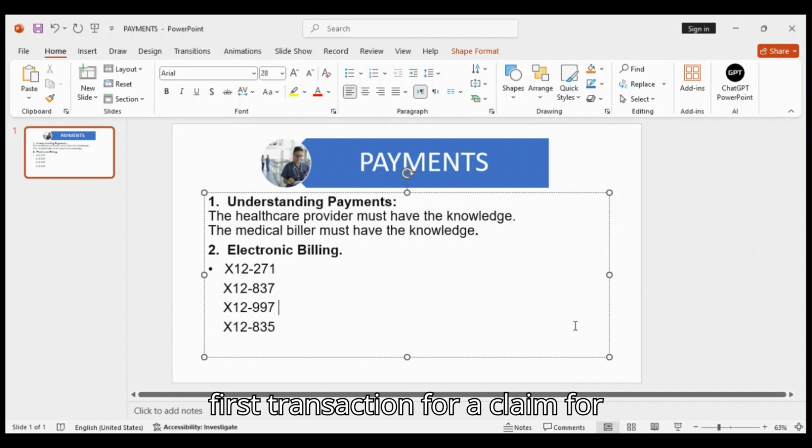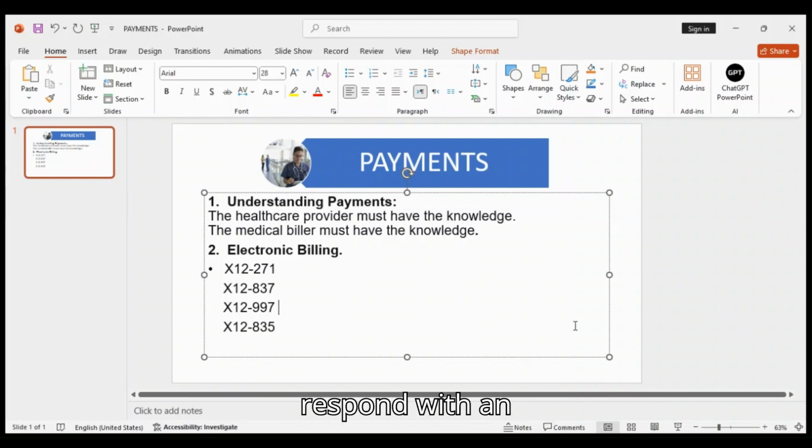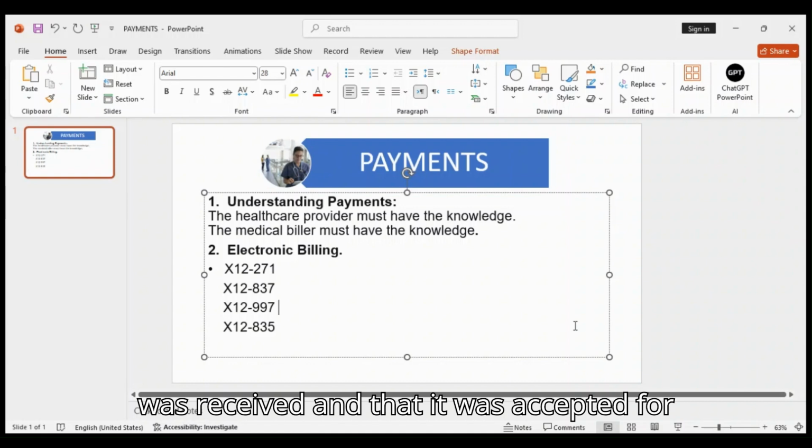The first transaction for a claim for services is known technically as X12-837. This contains a large amount of data regarding the provider interaction, as well as reference information about the practice and the patient. Following that submission, the payer will respond with an X12-997, simply acknowledging that the claim submission was received and that it was accepted for further processing.